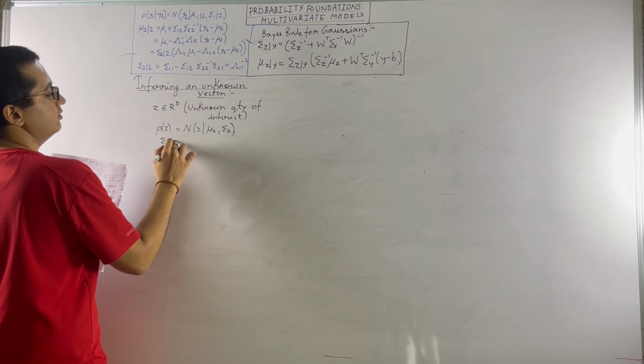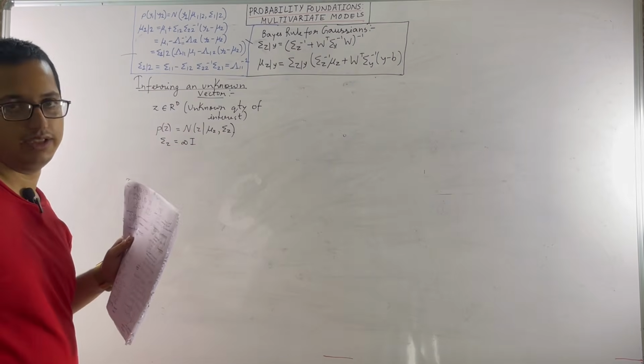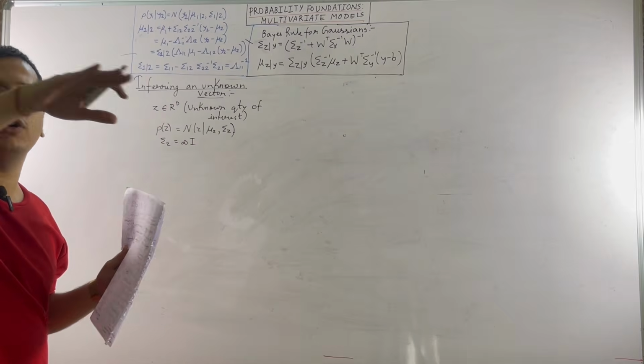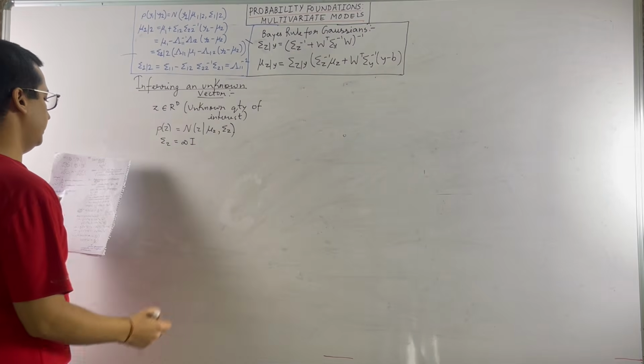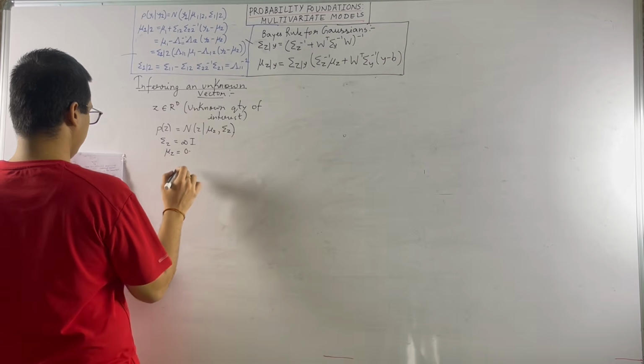We assume it to have infinite variance, that is, I am talking about a uniform prior. When the variance is infinite, the Gaussian becomes a uniform distribution. And let's say mu z is 0.